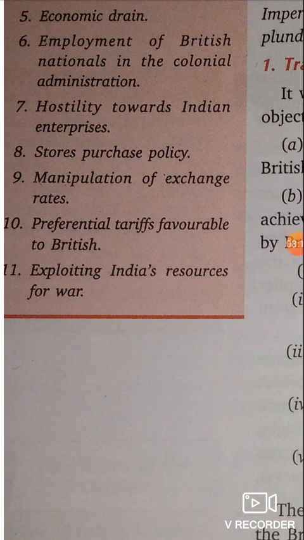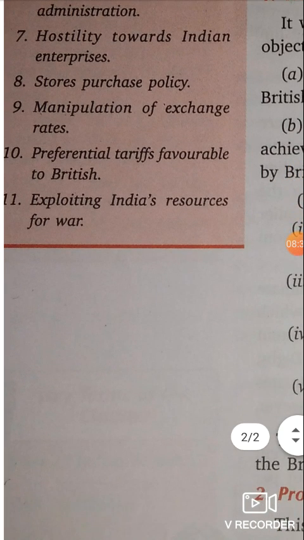Now, our 11th point. During this period the world faced two world wars, the first world war and the second world war, and knowingly and unknowingly the Britisher, without taking our consent, used Indian resources for the first and second world war.